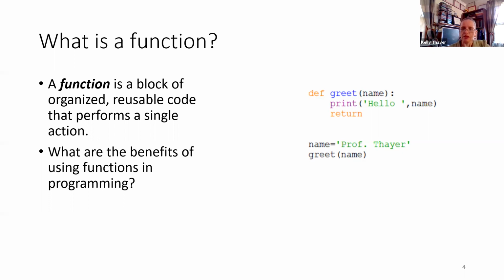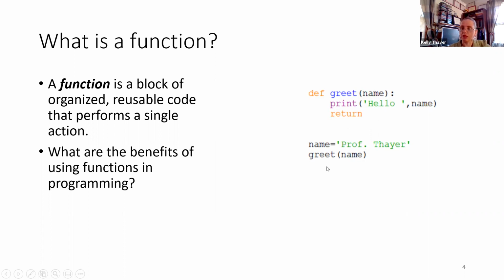So this is a little example of what a function looks like. We'll get into the details of what's actually happening here. You can see that it's pretty simple. It's got a definition, takes some input, doesn't have to, does something, and then sends something back, the answer.